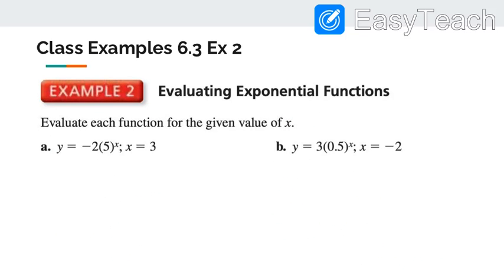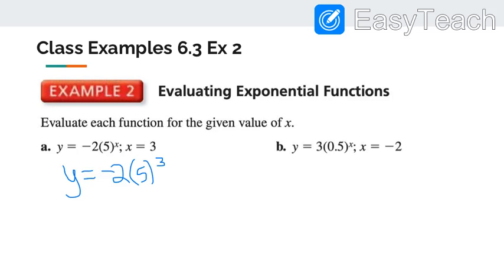So obviously a big part of math is computing things. When you compute things, remember you can use a decimal calculator, but when we compute these ones, we are going to want to identify and plug things in. So at this point, if it says evaluate the function, we simply change the x values for whatever is given. For the first one, we would change this to y equals negative 2 times 5 raised to the third power.